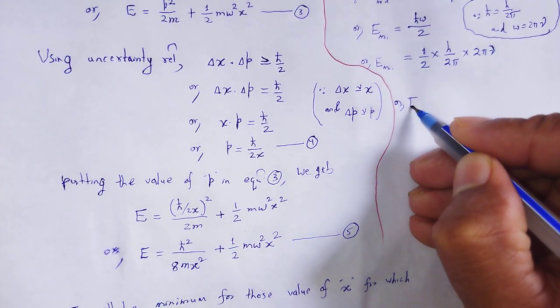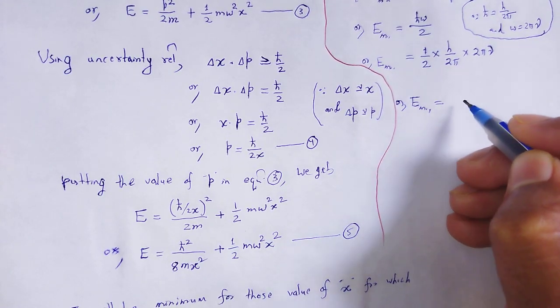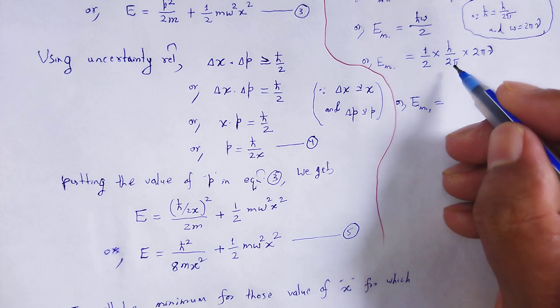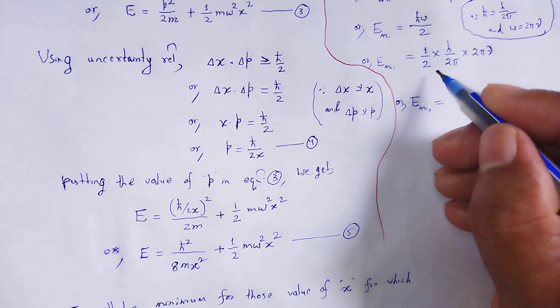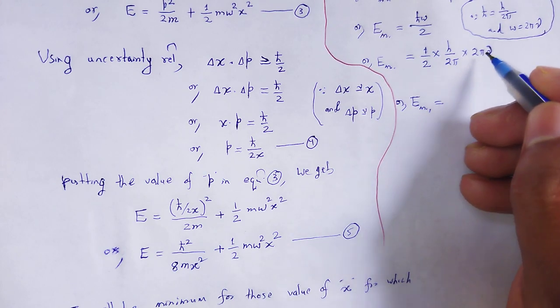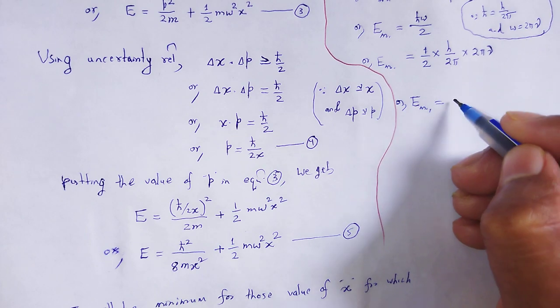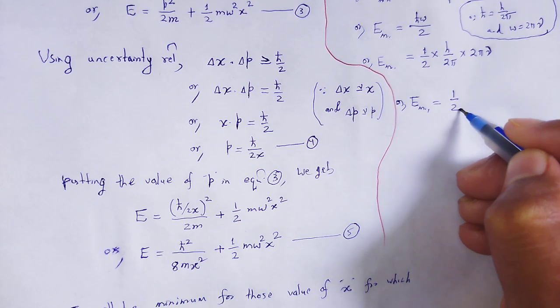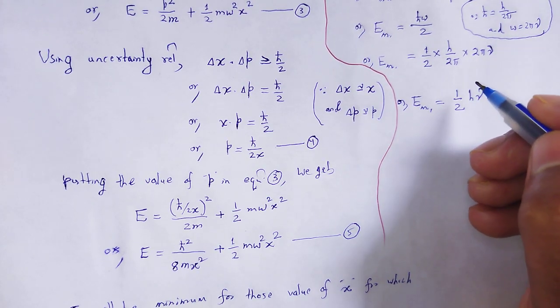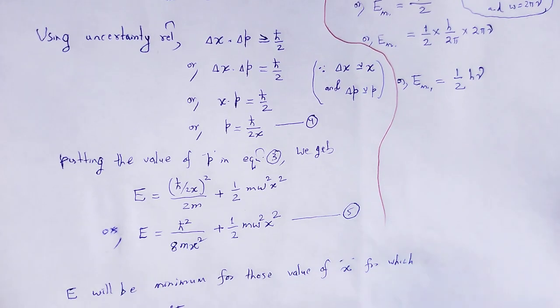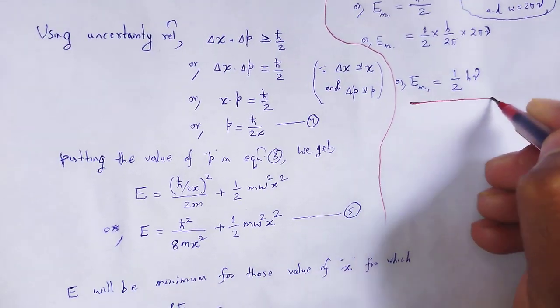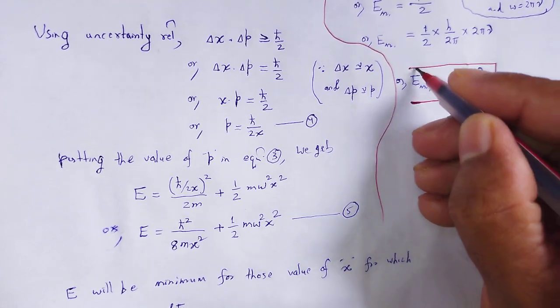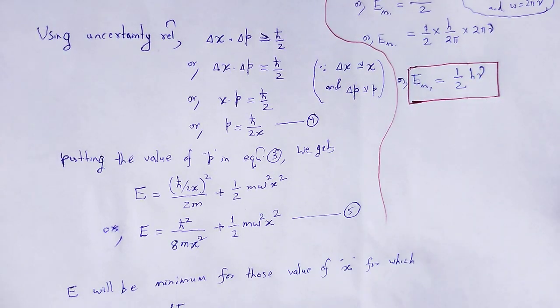Therefore, E minimum is equal to 1 2 to cancel out, pi cancel out, that is half h nu. This is the ground state energy of harmonic oscillator.